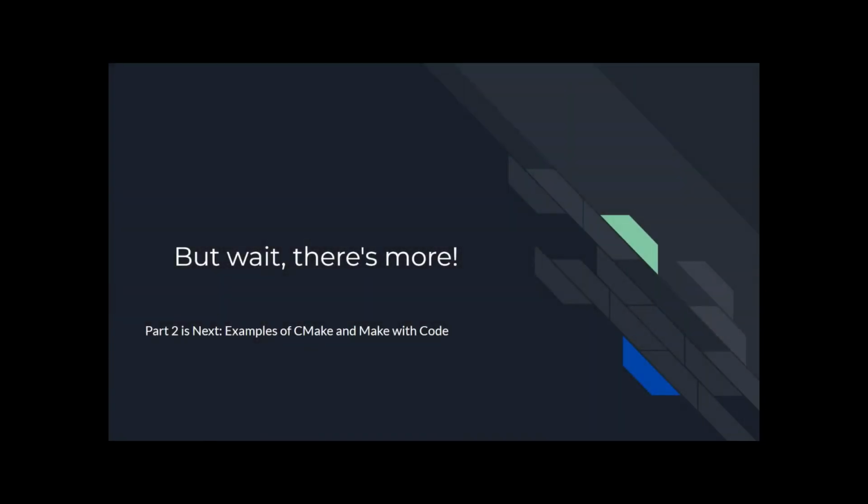But wait, there's more. Like I briefly explained, part 2 is next, examples of CMake and Make with code. So far, we have gone through what Make and CMake is, and more in depth into how we could possibly use CMake.